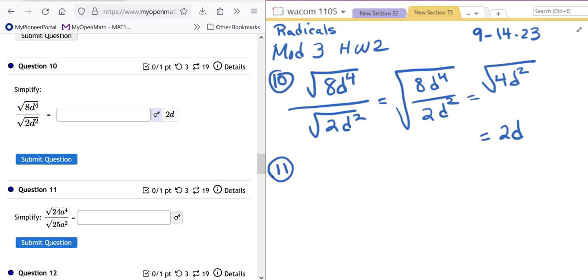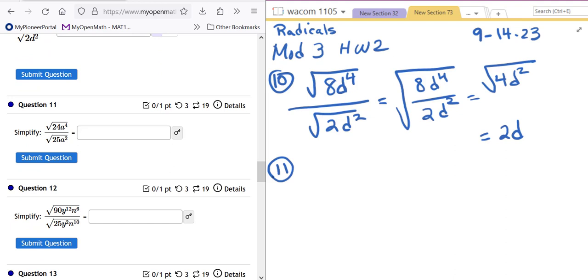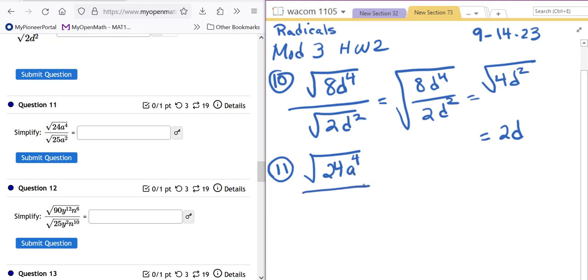So there's our answer. For 11, it looks like the same kind of problem. It is the same kind of problem, but you can't use the same trick. If you try to put these back together to make just one piece under one radical, the problem will be 24 over 25, which does not reduce.